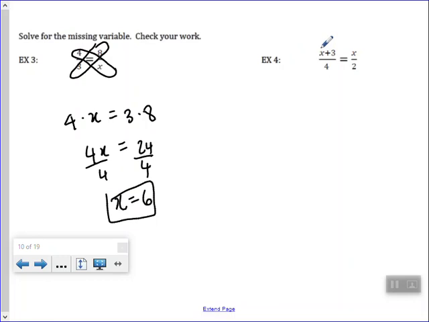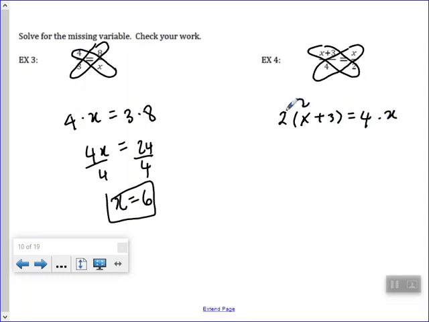Let's do another example. You're going to cross multiply. When you have more than one term, like this x plus 3, and have to do cross multiplication, you have to put parentheses around x plus 3. So it's 2 times (x plus 3) is equal to 4 times x.